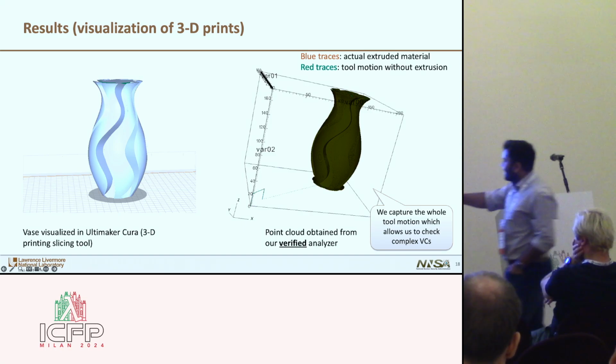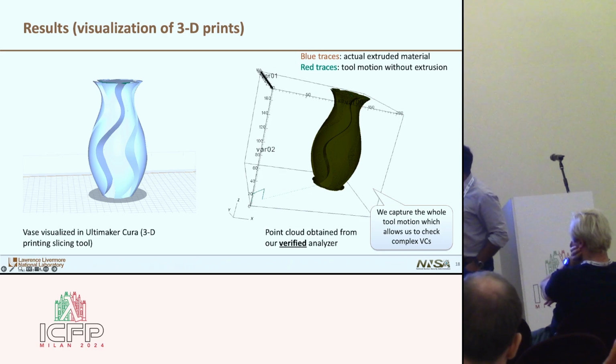So essentially these dots were actually red on my computer. These are the motion without extrusion, and this nice greenish color is the extruded part, and then there are some other parts on the top which represent the non-extruded part.